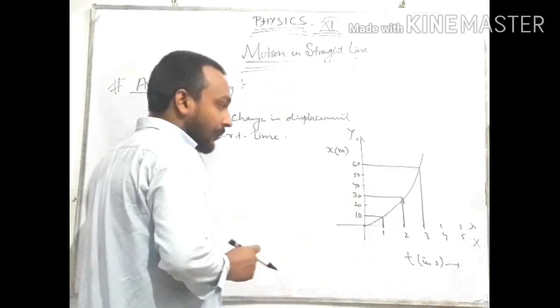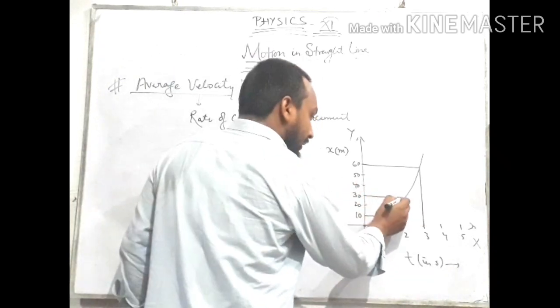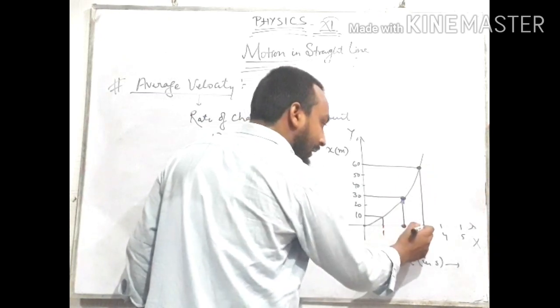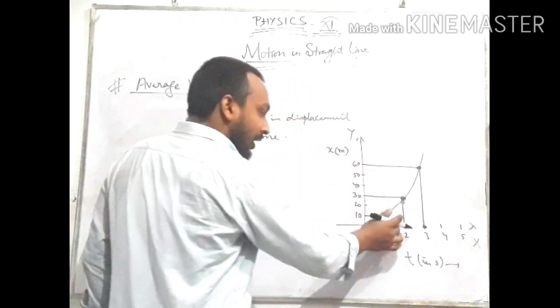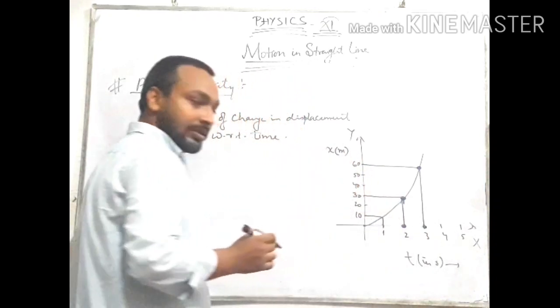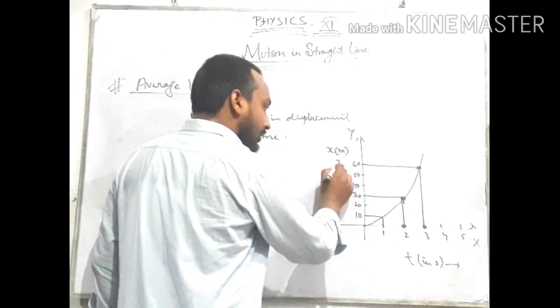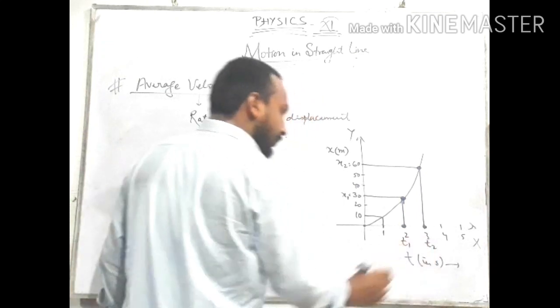Now, average velocity needs to be found. Between 2 to 3 seconds, the body covers 30 to 60 meters. Let it be x1 and x2, and the times t1 and t2.